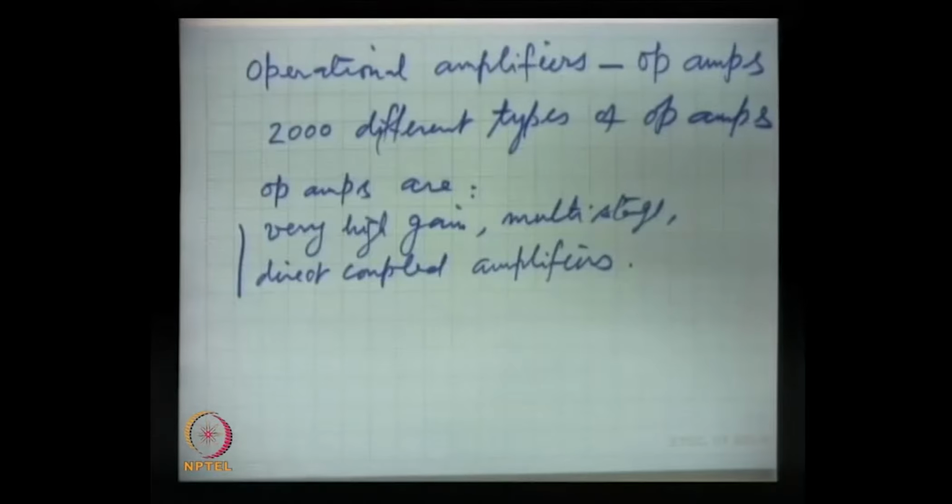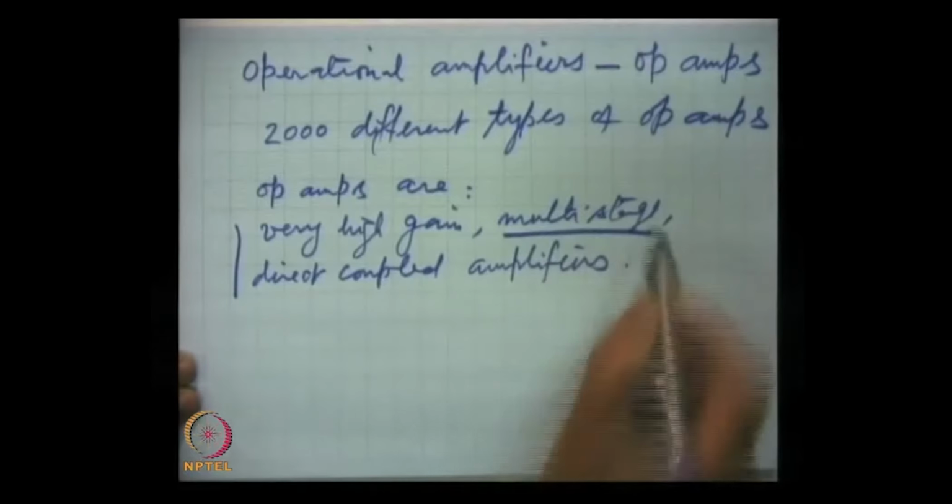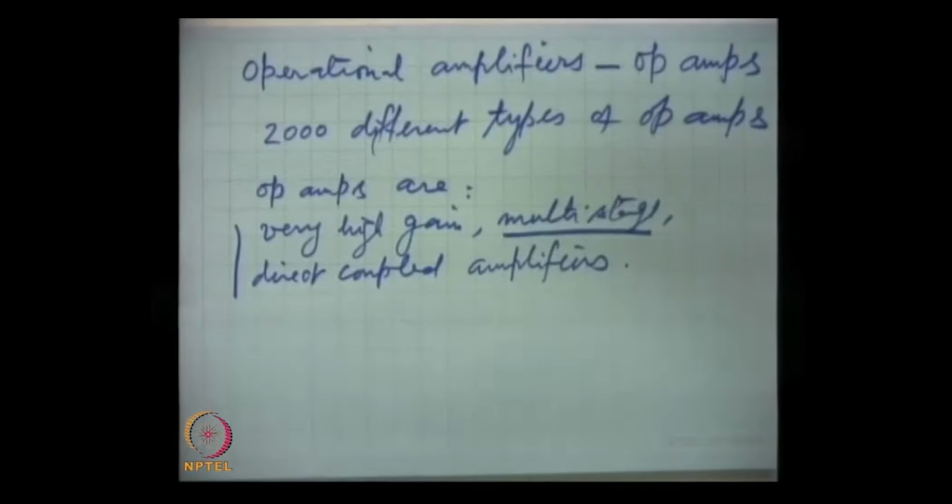How high is the gain? 10 to the power 4, that is 10,000 and above, up to 100,000. This gain cannot be achieved from a single stage, it has to be multi-stage. So, it is a multi-stage amplifier.